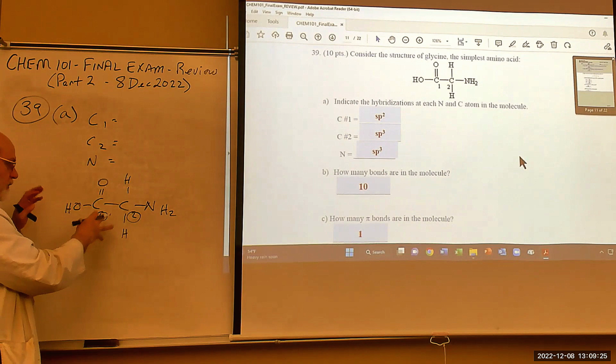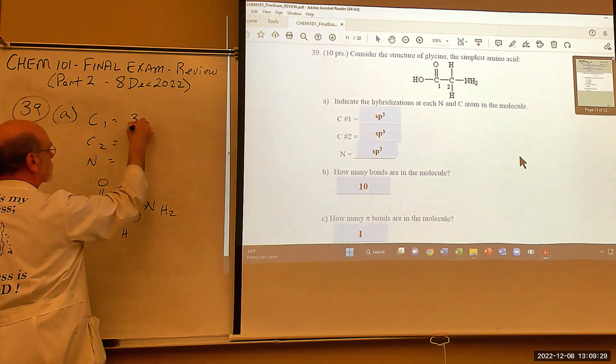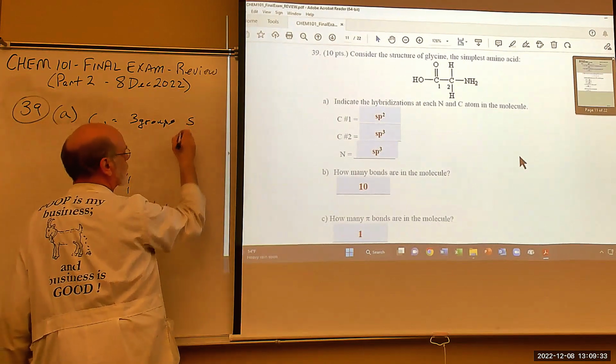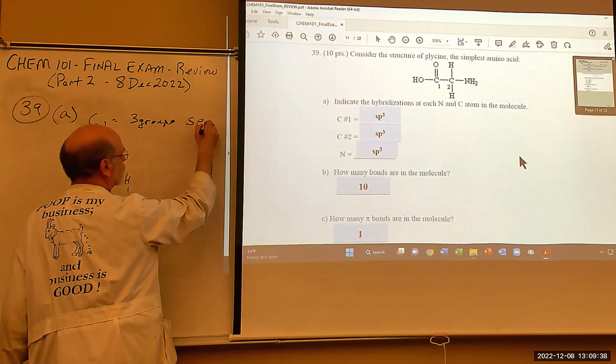So if we're looking for the number of groups, we find 1, 2, 3. 3 groups for this carbon, which means we need 3 equivalent orbitals. Start with s, and then you add 2 more. sp2.